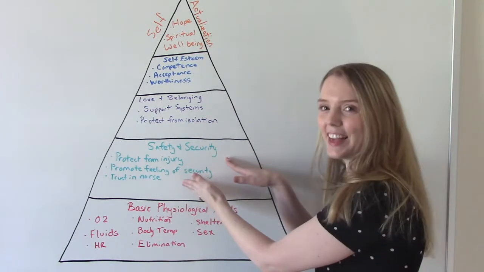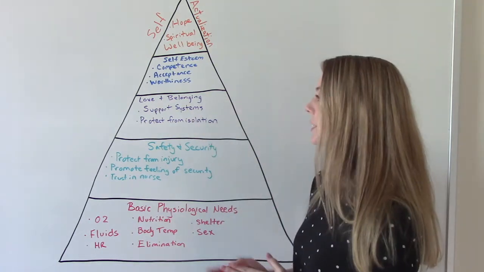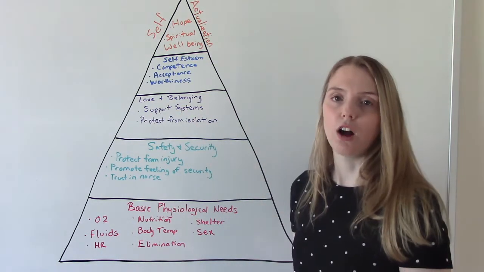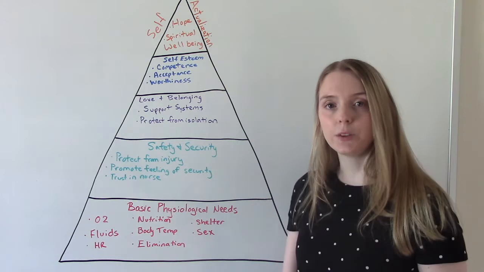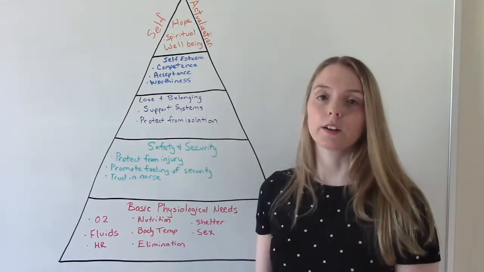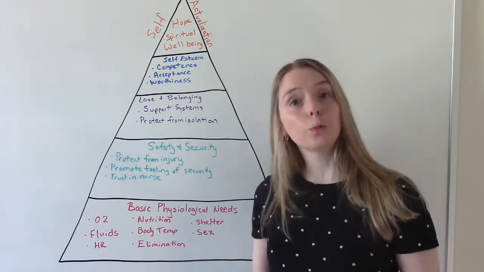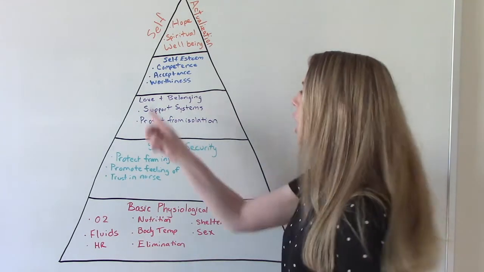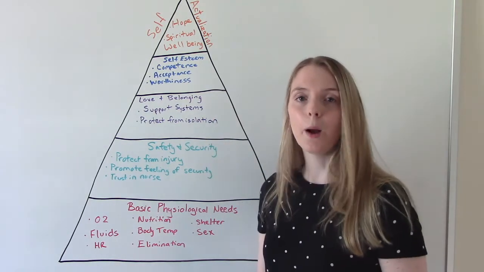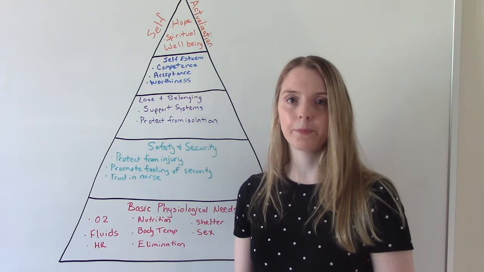If we've met this, then our next priority is to go on to this, and addressing issues dealing with love and a sense of belonging. So some things we can do to assess that is assess the patient's support system. Do they have one? If they don't have one, you become that person, right? This is all about patient advocacy. So making sure they have a support system or becoming that support system for them.